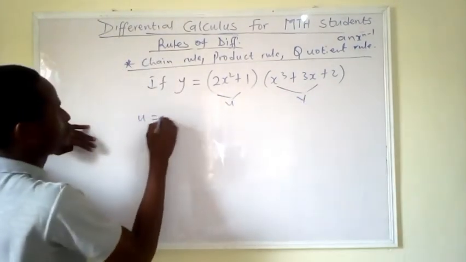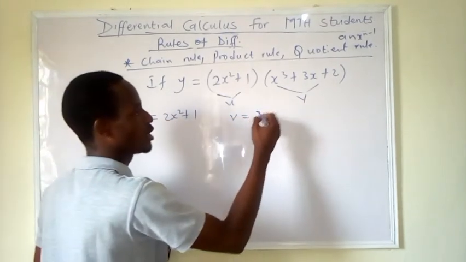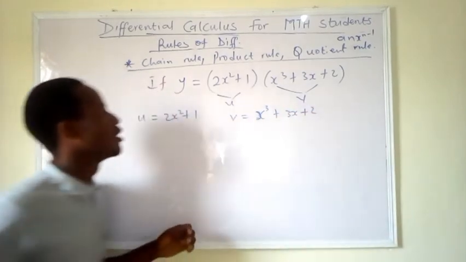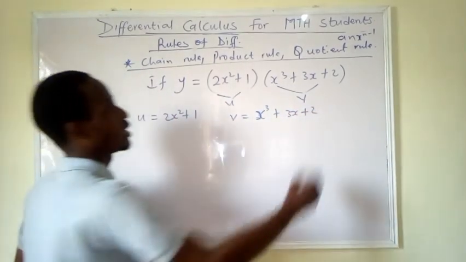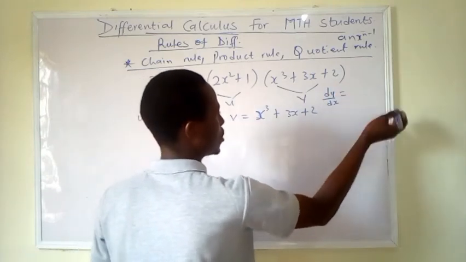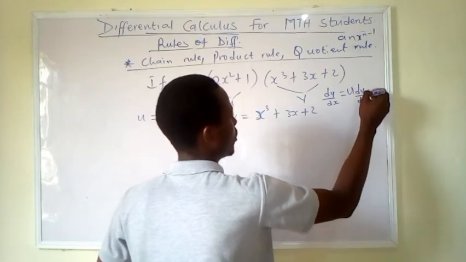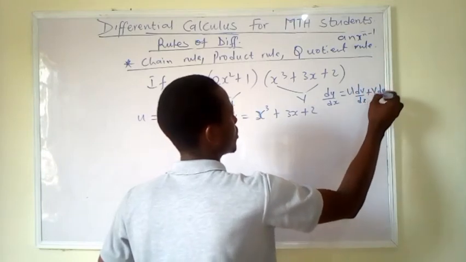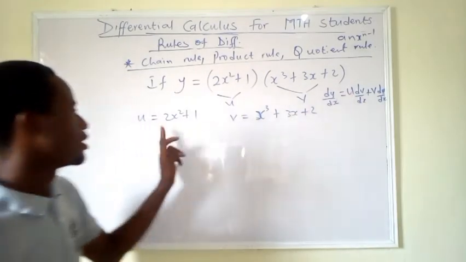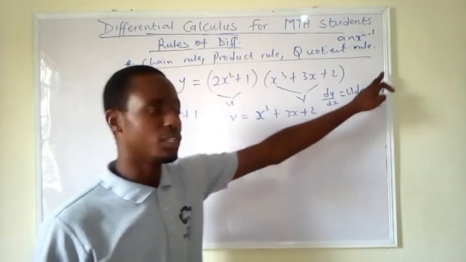So u equals 2x squared plus 1, and v equals x cubed plus 3x plus 2. According to the formula, dy/dx equals u dv/dx plus v du/dx, where u is this and v is this. So I would find dv/dx and du/dx.